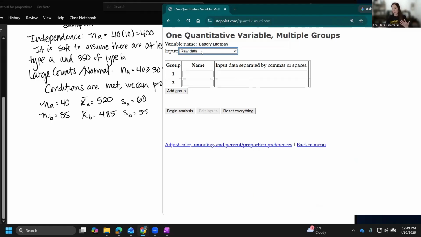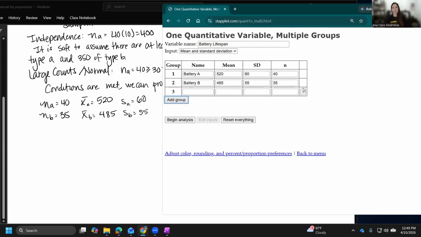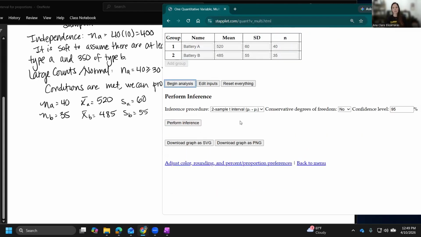I don't have a bunch of values for a specific battery A and battery B, but we do have mean and standard deviation. So for battery A, the mean was 520 with a standard deviation of 60 and a sample size of 40. Battery B was 485, 55 standard deviation and 35 sample size. And from there, what I can do is begin analysis.